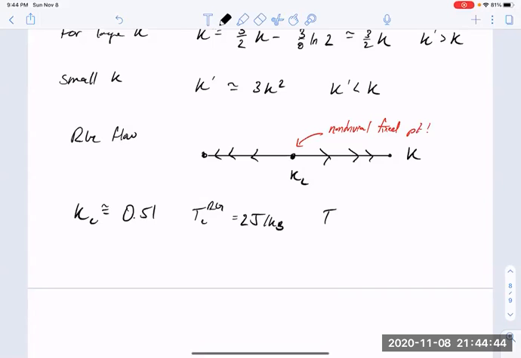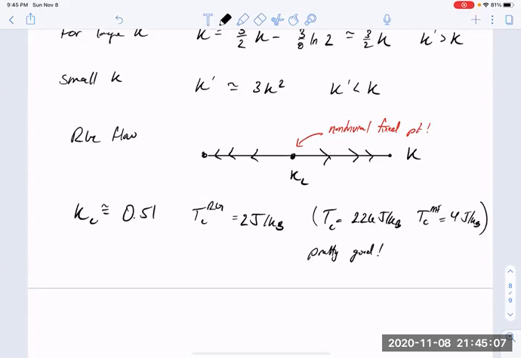Remember, Onsager's solution was 2.26, and our mean field prediction was 4. So we're doing way better than mean field, and actually pretty good.